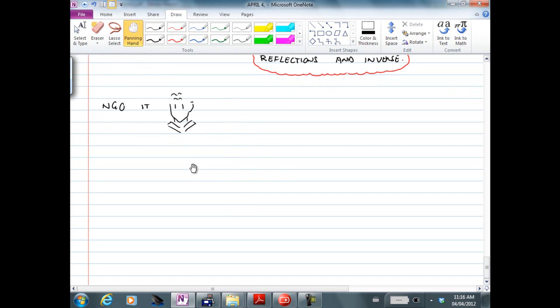Here is your lesson today. Y equals sine x. And you drew a simple little sine graph. Then I asked you to do y equals negative sine x, and just draw it.